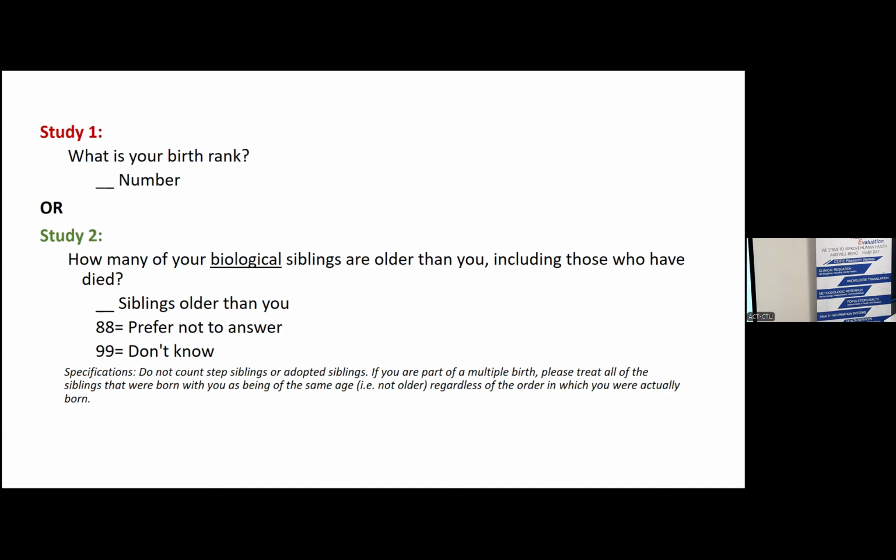Or the study 2 that is asking, how many of your biological siblings are older than you, including those who have died, prefer not to answer, don't know, and with specification, do not count the step sibling or adoptive sibling if you are part of a multiple birth, blah, blah, blah. Which one would you choose? That one is more precise.